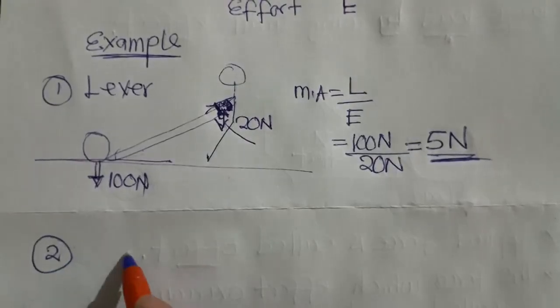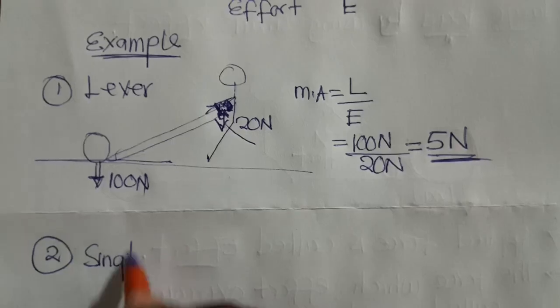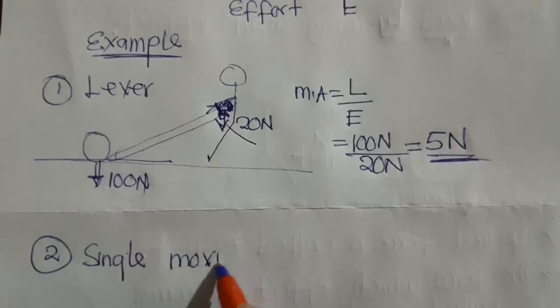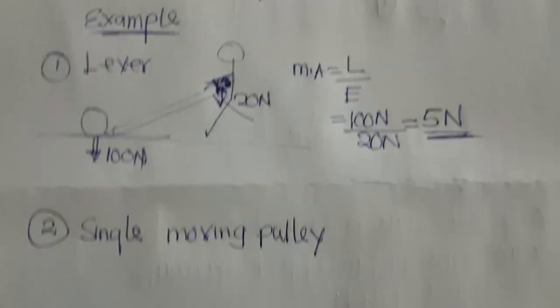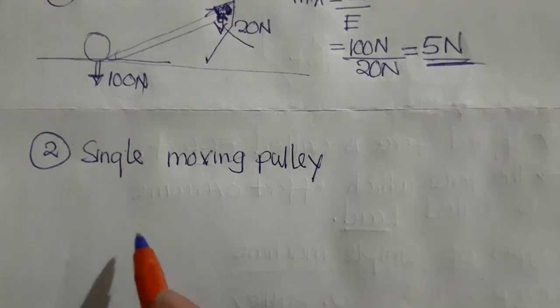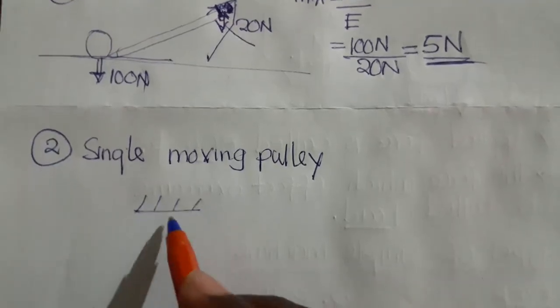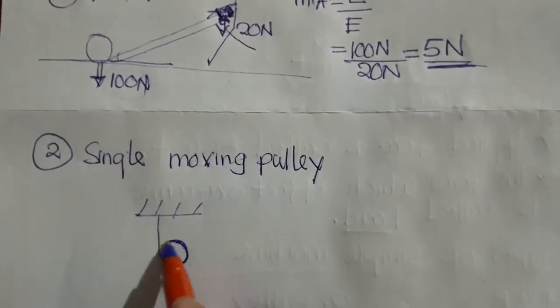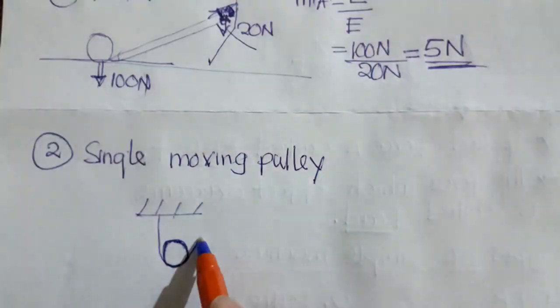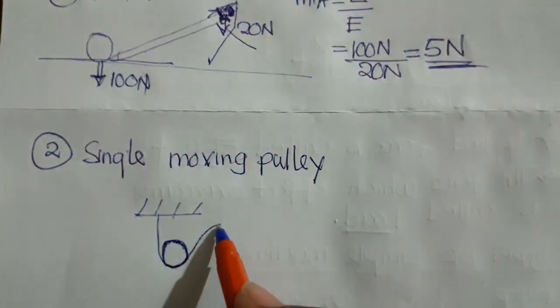Let's say this is a single moving pulley. There is something here like this, and the person is pulling it from that point.